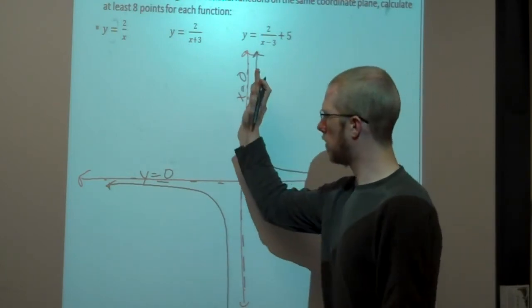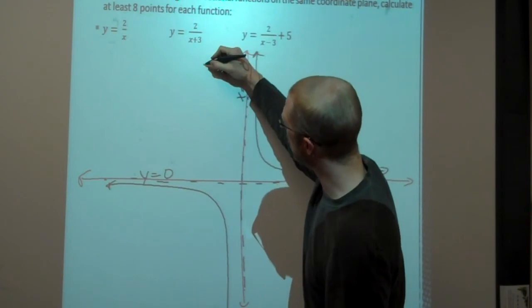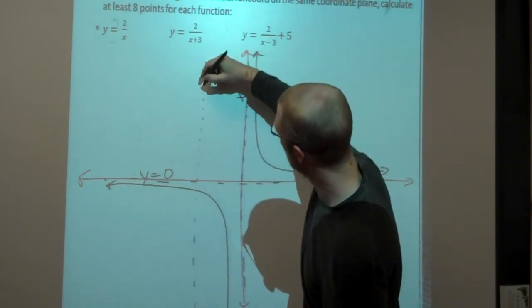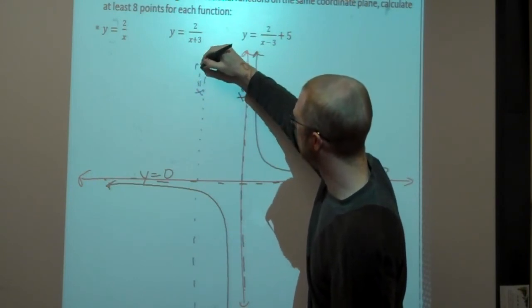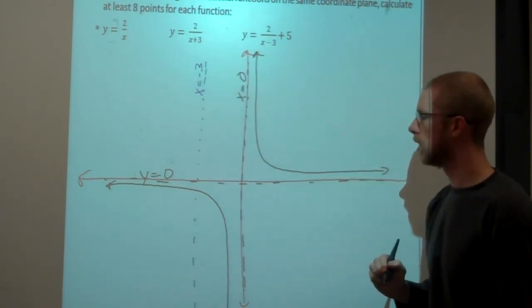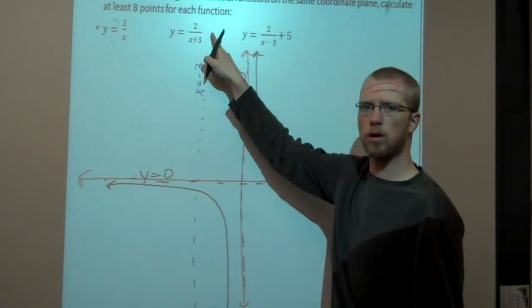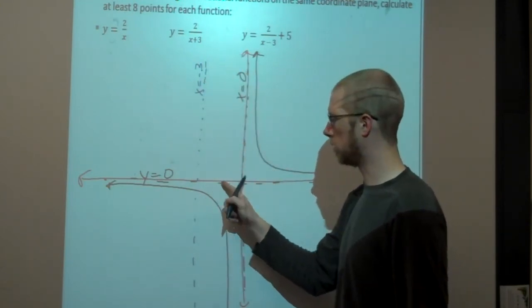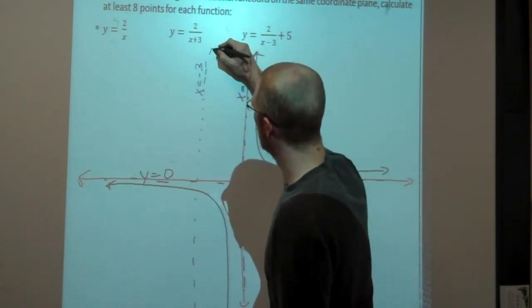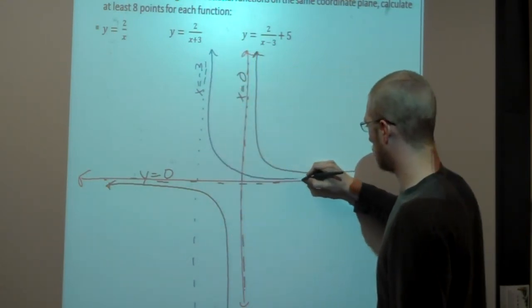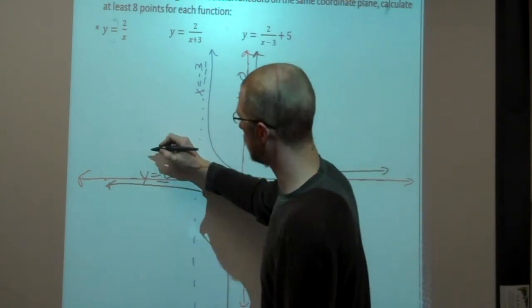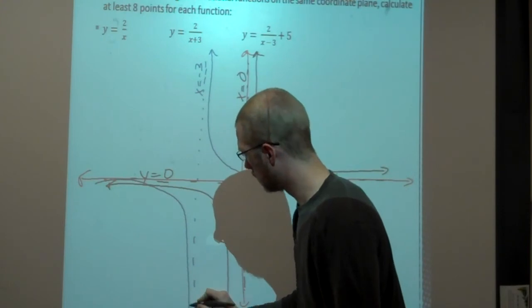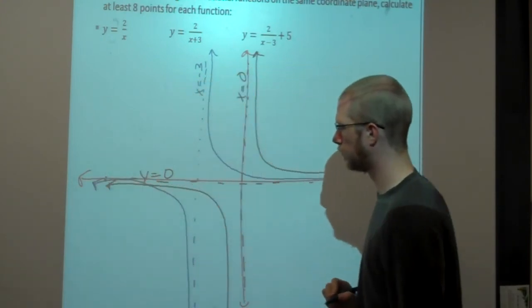So my vertical asymptote becomes x equals -3. This doesn't have a number out here, so it does not change my horizontal asymptote. This line ends up looking just like that.